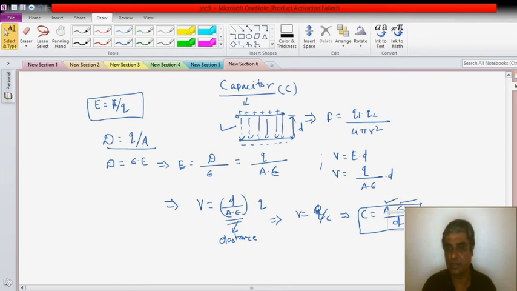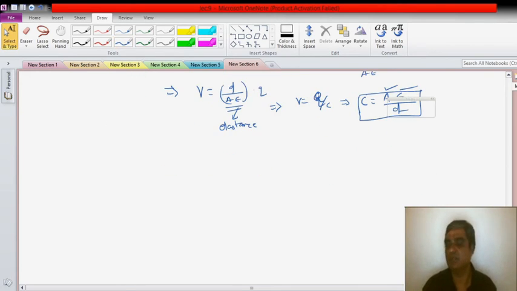We already know this, but just for review purposes, we can write V equal to q by C, or q equal to CV. What I want is the relation between V and I to interpret the circuit representation.